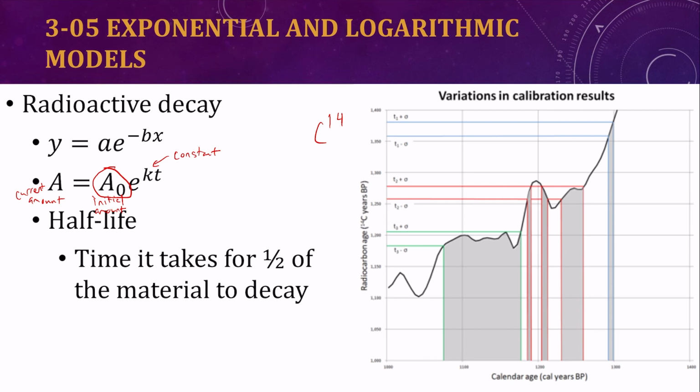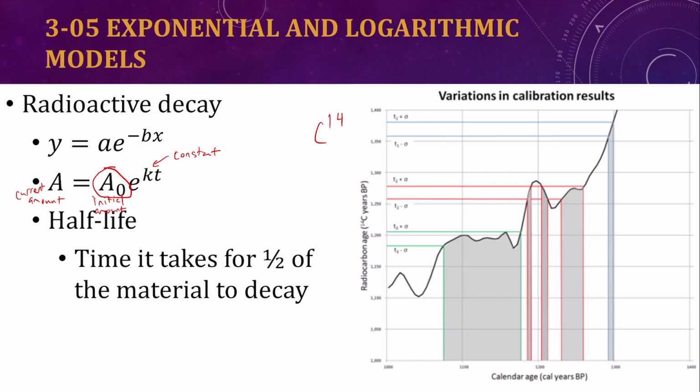So what they've done is they've taken things that have known dates, like paper documents or papyrus documents that have the date written on it so we know what date it is, and they make this curve. So they use the model and get a result from the model, and then they have to use this graph to figure out what time it actually is.